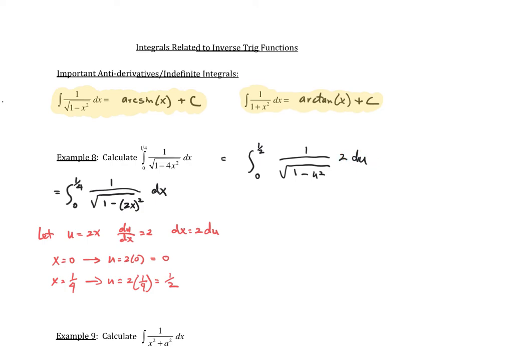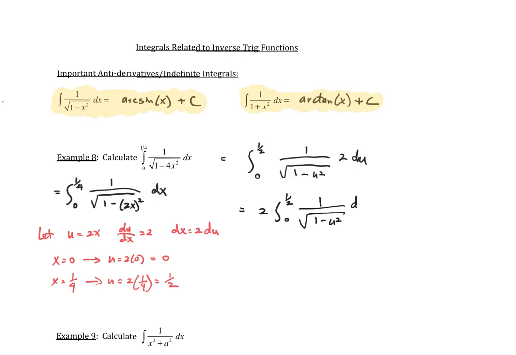I can factor out this 1/2, so now my integral becomes 1/2 times the integral from 0 to 1/2 of 1 over the square root of 1 minus u squared du.